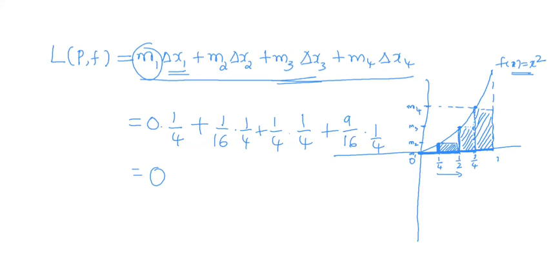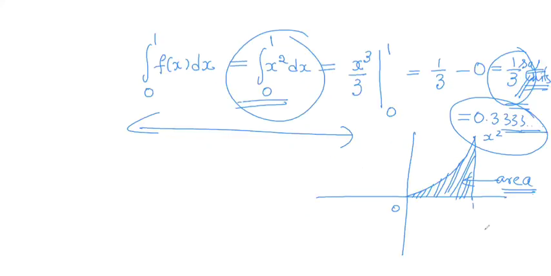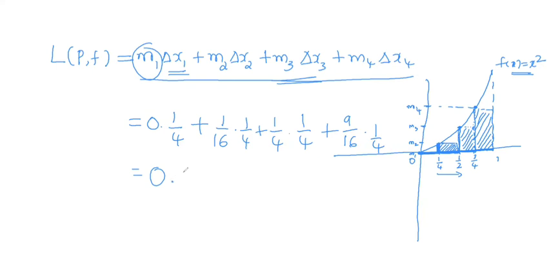So m3 was what? m3 was 1 by 4, okay. So correct. Finally, the lower Riemann sum will give you 0.21875.